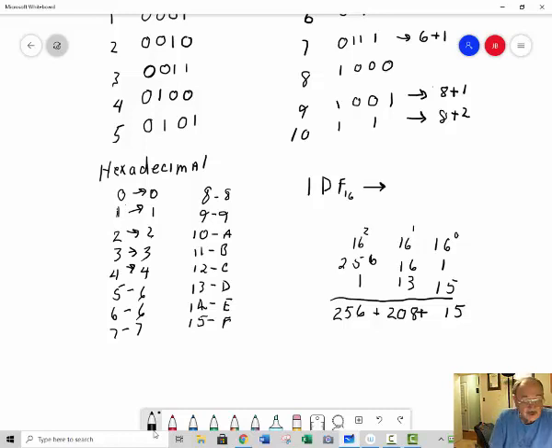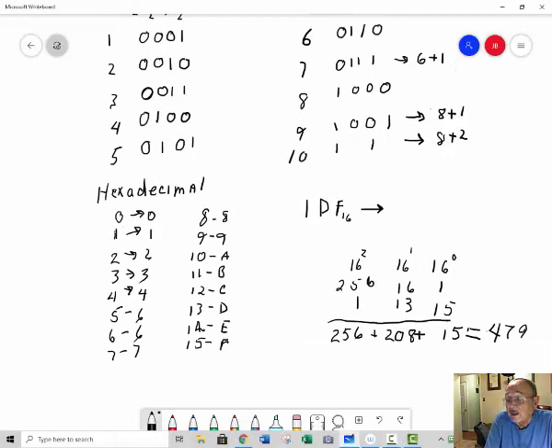So if I take 256 plus 208 plus 15, I will get 465. And I'm going to check my arithmetic if you don't mind, because I have a tendency to make mistakes. The important aspect here is make sure that your arithmetic is right. Okay, it's 479, not the 465 that I originally had. So 1DF base 16 right here is 479 base 10.